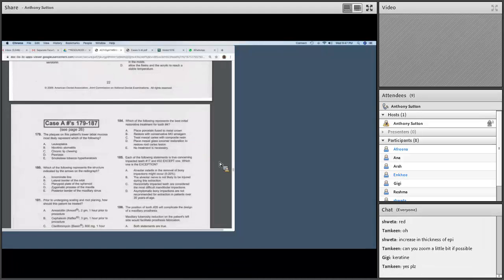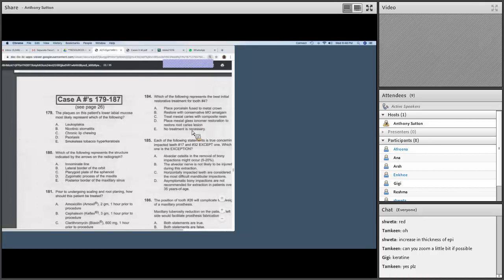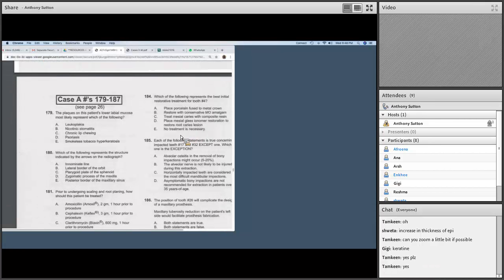Zoom in a little more. Let me see if I can. That better? All right, so given these answers, I would pick E rather than A. I'm sorry, rather than B.